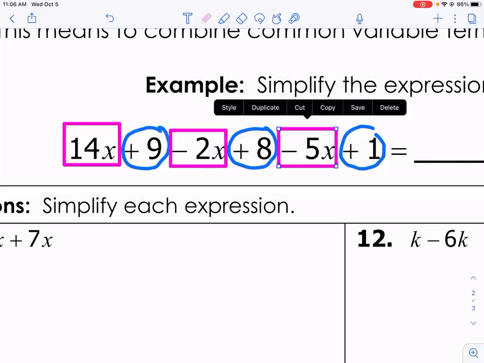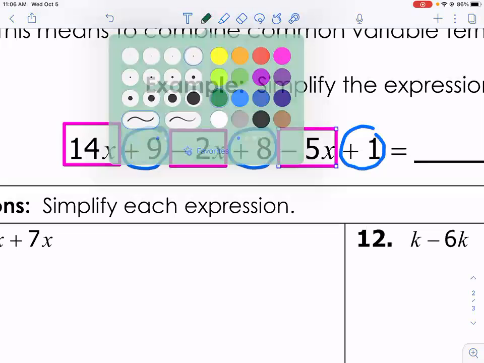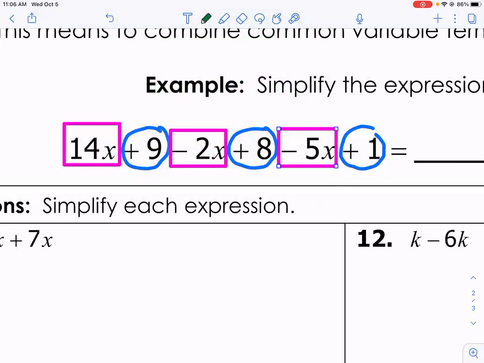Okay, so now what I want you to do is rearrange your 1, 2, 3, 4, 5, 6 terms to where your x's, your variable terms, come first, and then your constant terms come second.